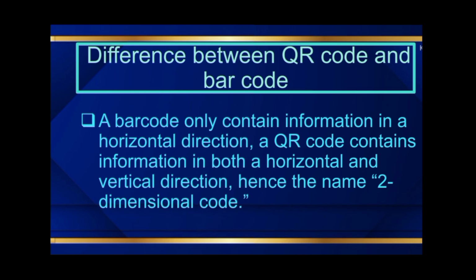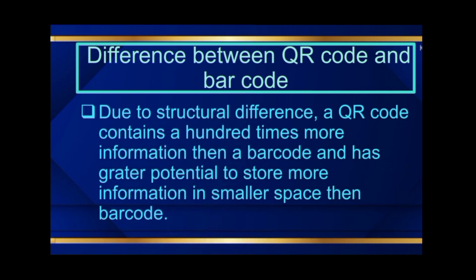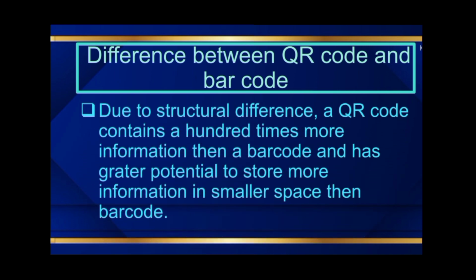A QR code contains information in both a horizontal and vertical direction, hence the name two-dimensional code. Due to structural difference, a QR code contains 100 times more information than a barcode and has greater potential to store more information in smaller space than barcode.